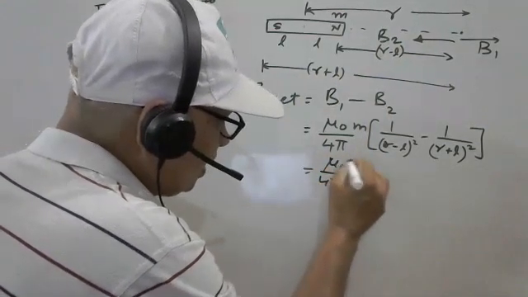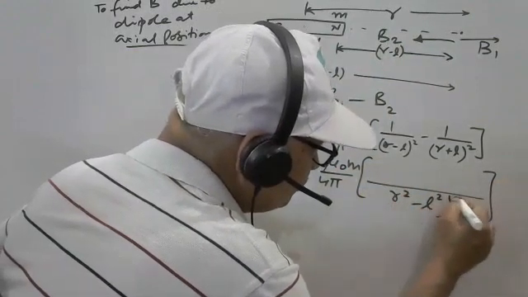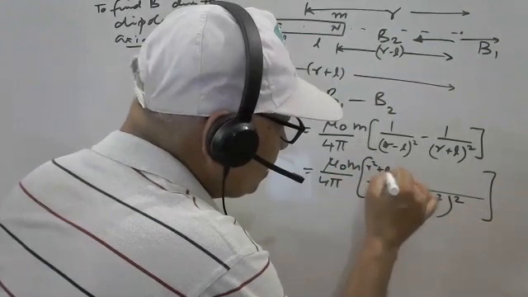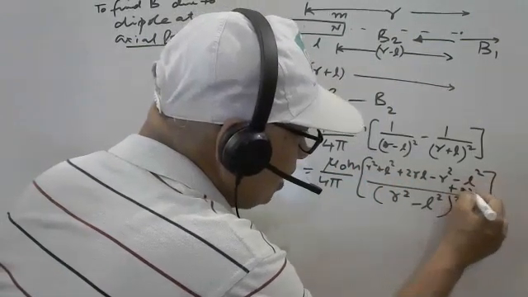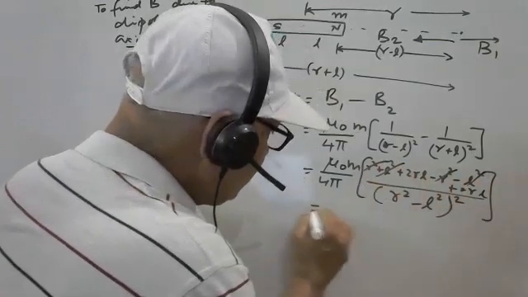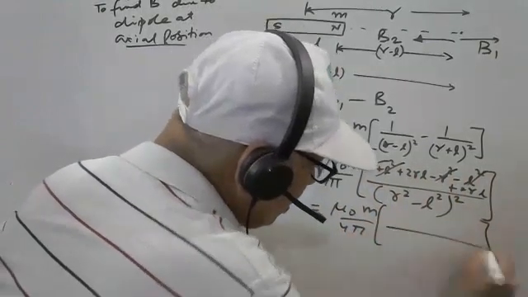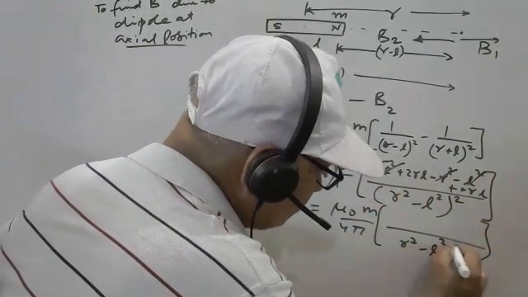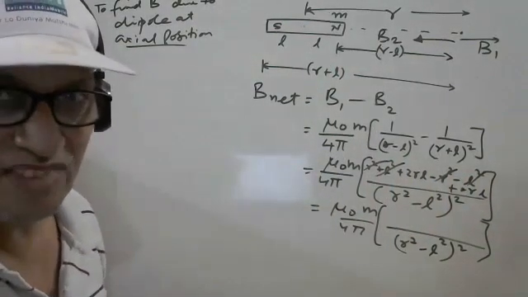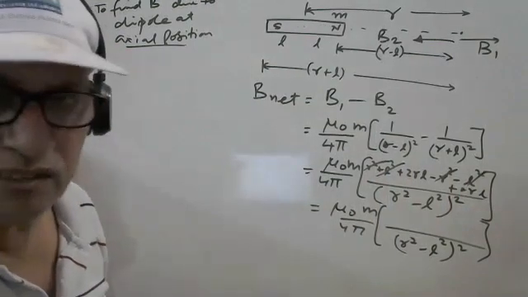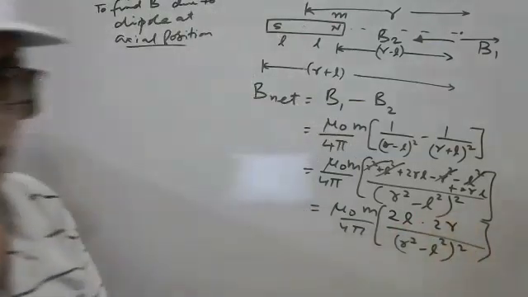Very good, correct. So here it can be written like this: r square plus l square plus 2rl minus r square plus 2rl, and this cancels out. We can write here simply (r square minus l square) whole square, and it should be 2rl plus 2rl, 4rl. I am not writing 4rl, I am writing simply 1 2 and 2r. Why?